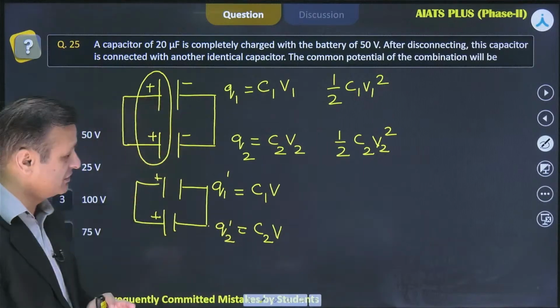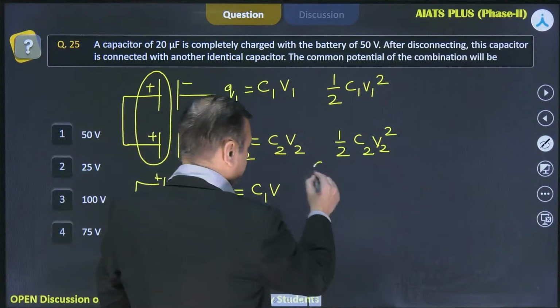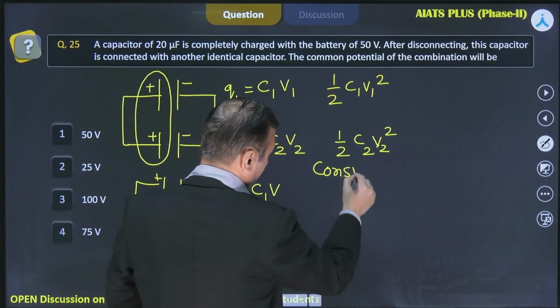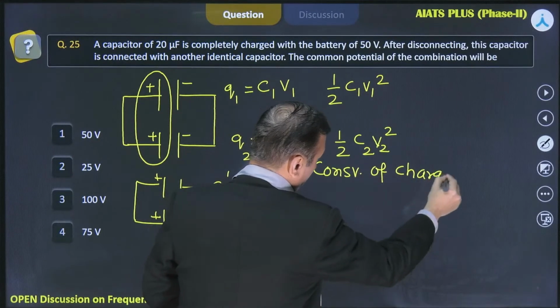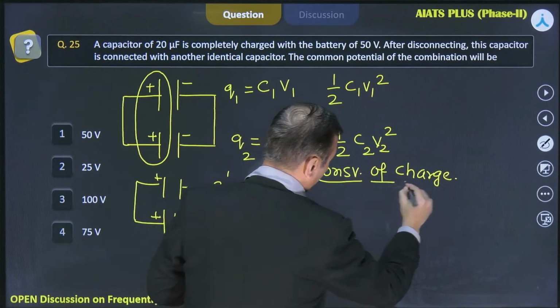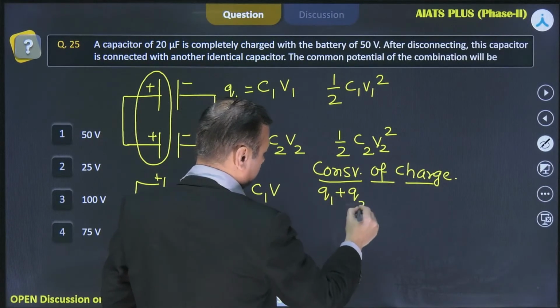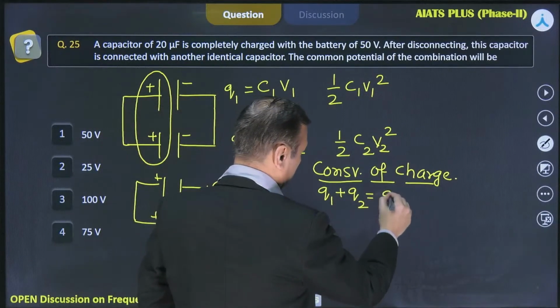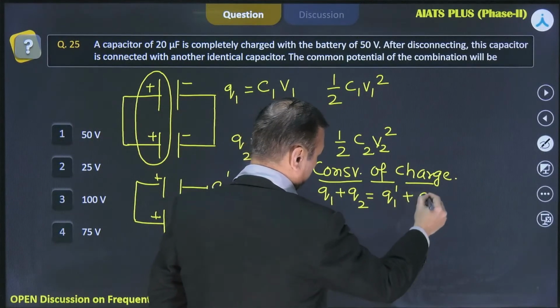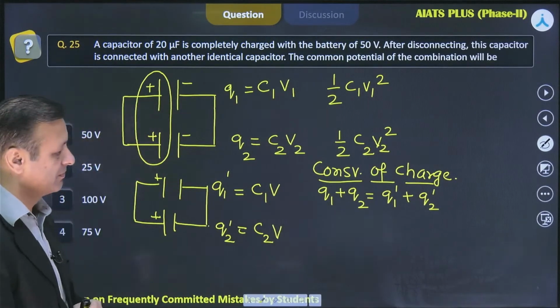Now as per conservation of charge, I am writing conservation of charge. Conservation of charge says the initial charge on the system is Q1 plus Q2, and the final charge of the system is like this.